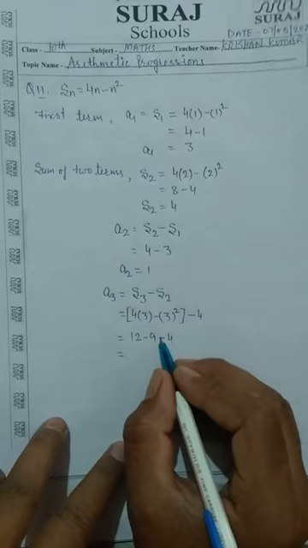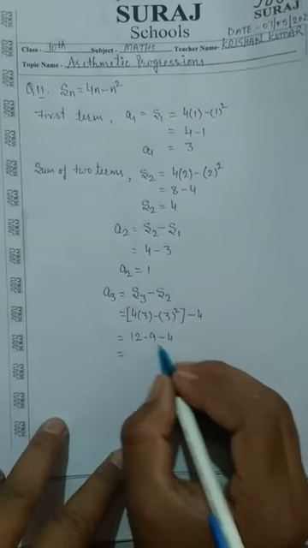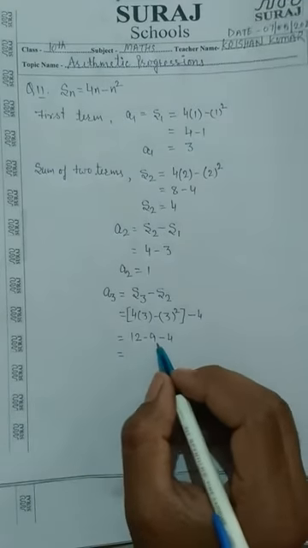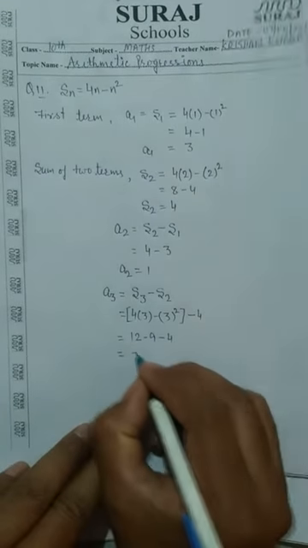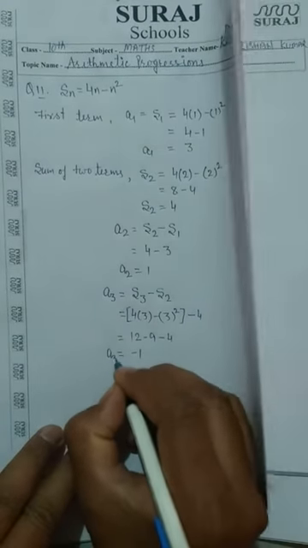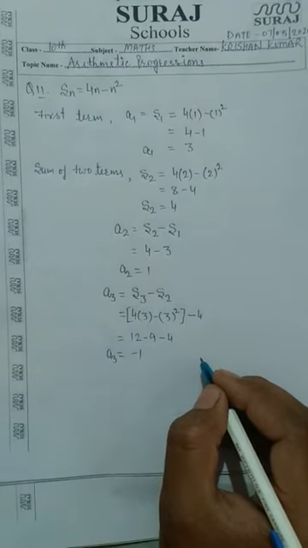These two numbers are negative, so that is 13 negative and that is 12. So A3 is minus 1.